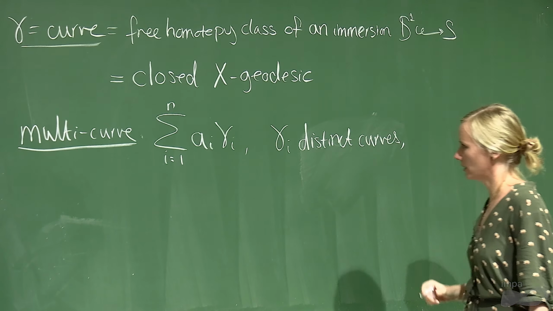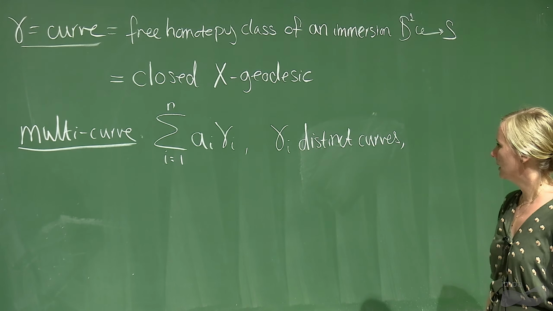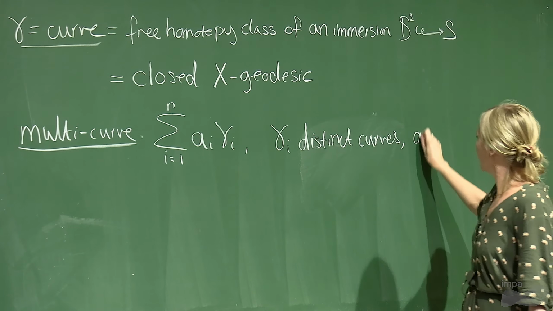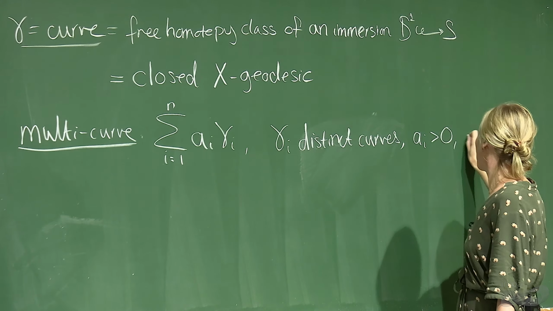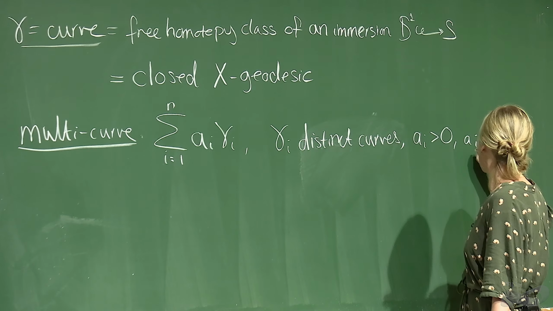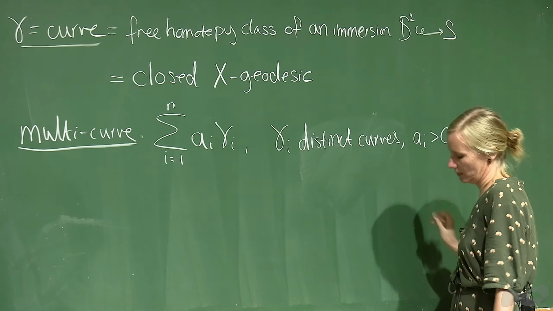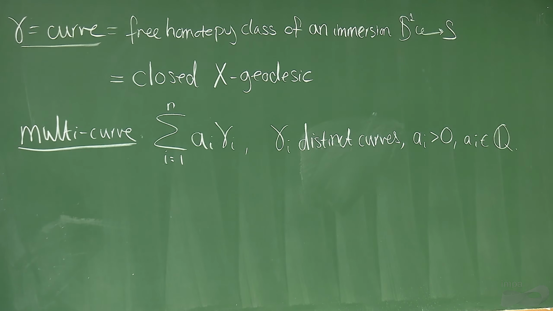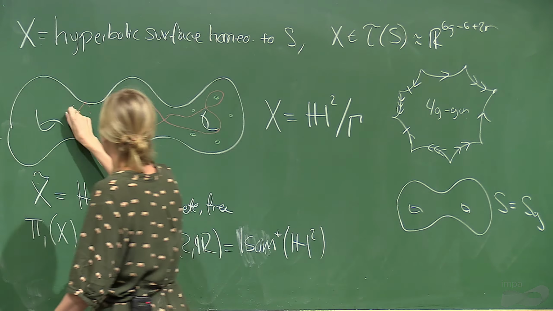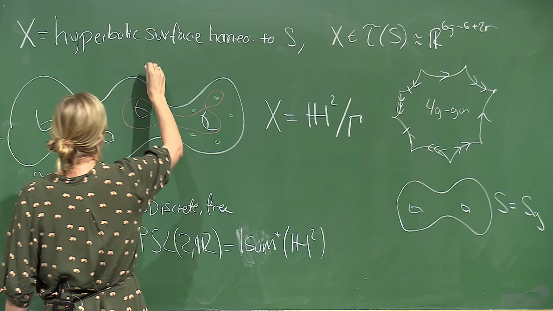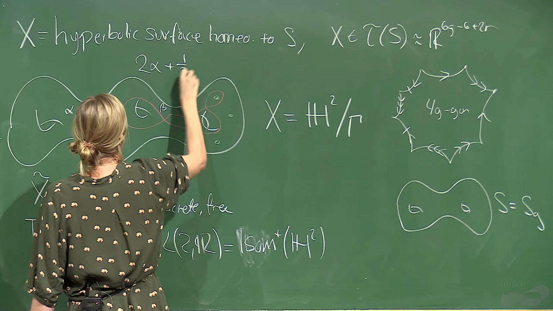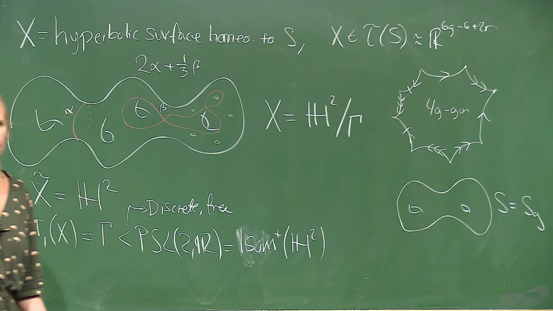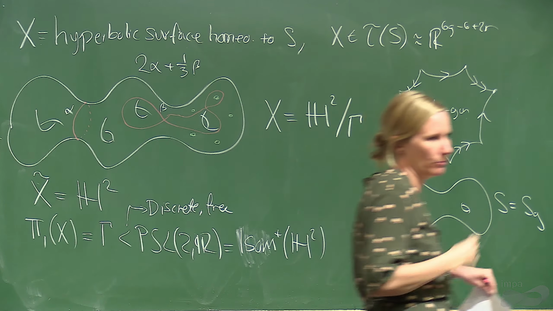They're non-parallel, so if I take the geodesic representatives, they're really distinct geodesics. And the a_i are some weights. We're going to take the a_i to be integers, or let's say in Q. It would work also if you just assign real numbers, but there are some things later that make it a bit easier if they're rational. It's just a formal sum. For example, here, if this is alpha and this is beta, maybe 2 alpha plus 1/3 beta is a multicurve. So it's really like the union of these curves with some weights.